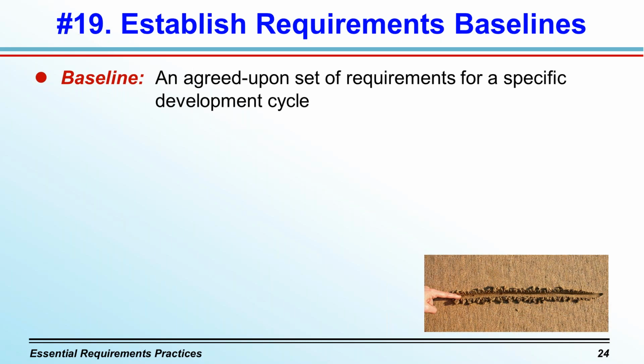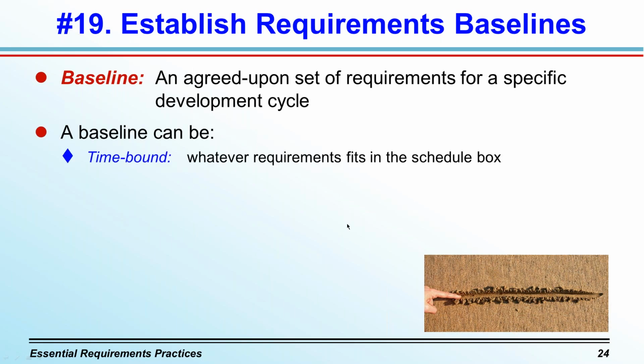A sensible baselining and change management approach assures that everyone always knows what they should and should not be working on. You can define a baseline in two ways. A time-bound baseline begins by establishing a time box. This is common on agile projects. That could be a single iteration or a group of iterations, maybe a planned release, or even an entire product. The team then allocates the highest priority requirements from their backlog to the baseline until the time box's development and testing capacities are filled.